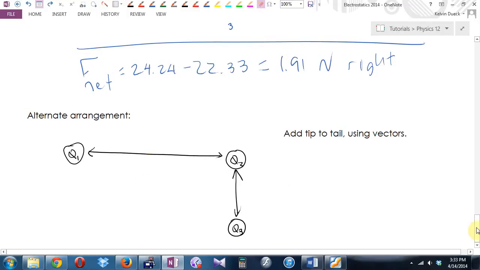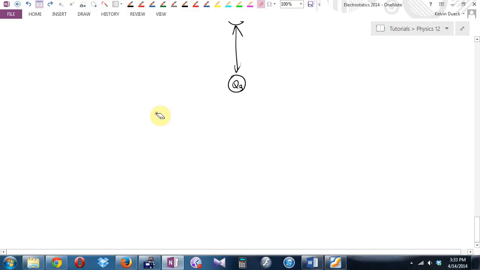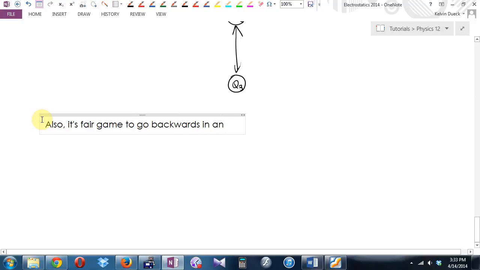What else can I do with point charges? Also, it's fair game to go backwards in any point charge equation.